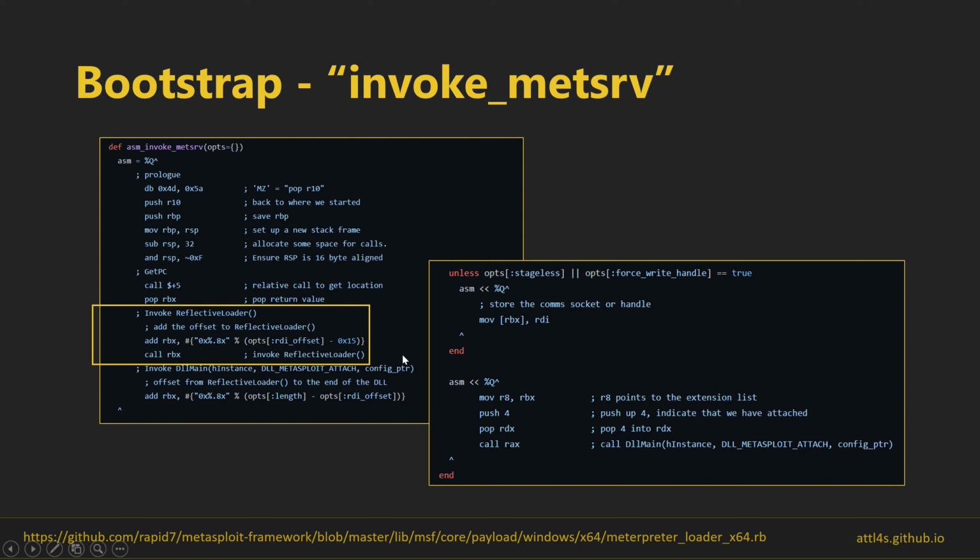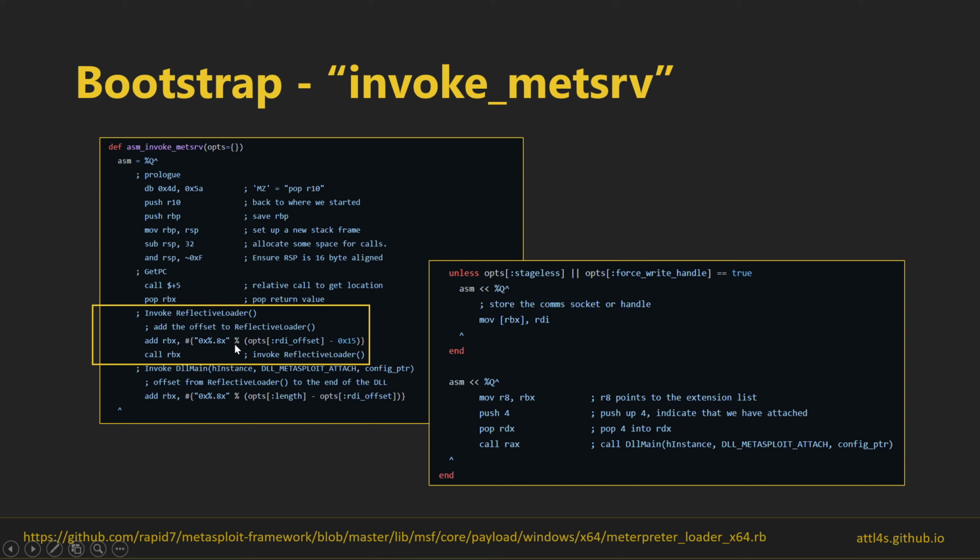So here highlighted, we can see the bootstrap first gets its current location, and then it executes the reflective loader function, the exported function. How does it do that?